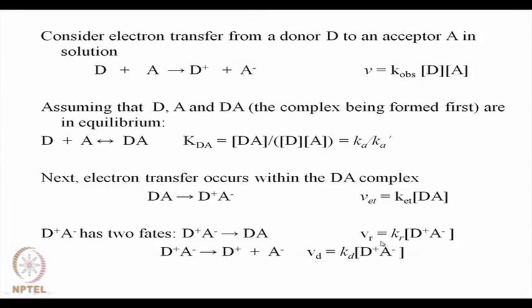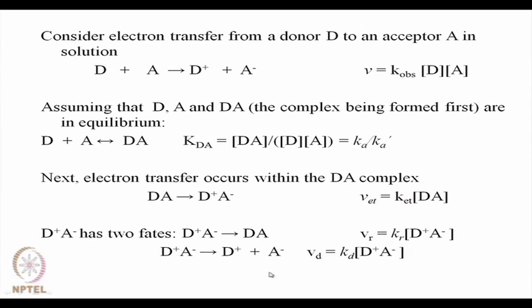But in the meantime, another situation may happen immediately after the electron is transferred from D to A: reverse electron transfer, or back electron transfer, may take place. That is written here as V reverse is K reverse times D plus A minus, so that the contact dA pair is regenerated.